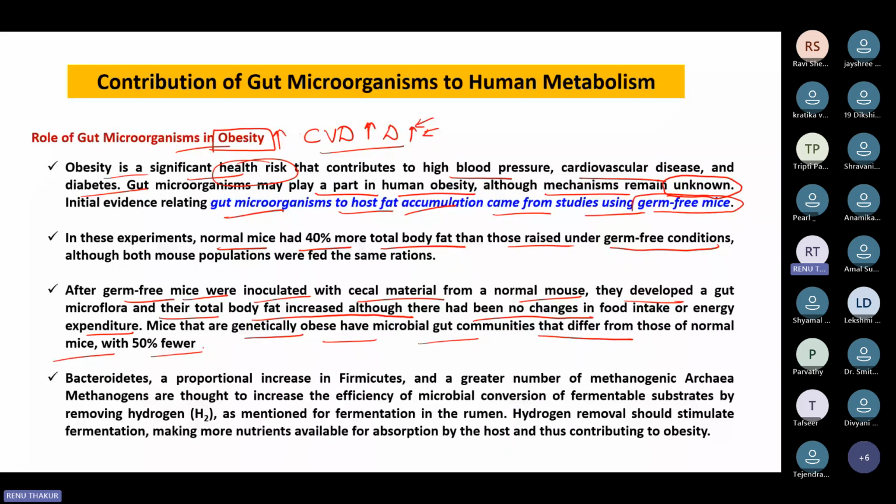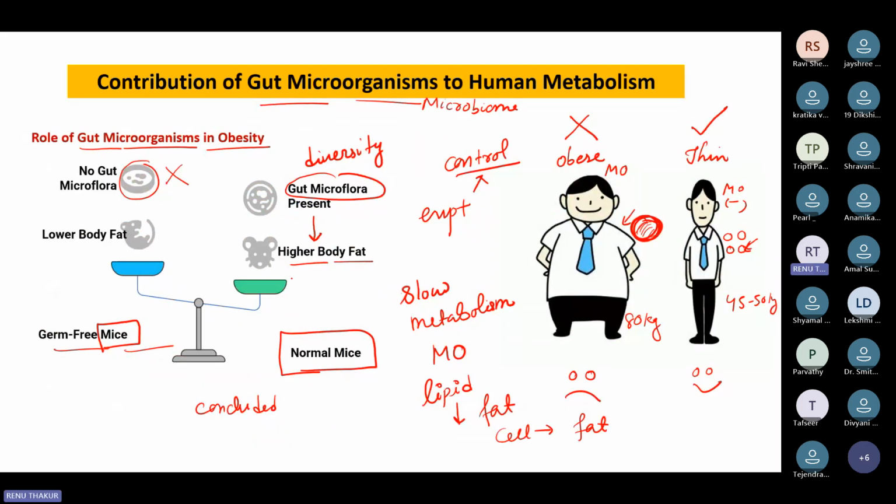Now see, they concluded that if it is germ-free mice, there is lower body fat. So they also conducted one supplementary experiment in which they inserted fecal material, which is rich in what? Microorganisms, gut microorganisms.